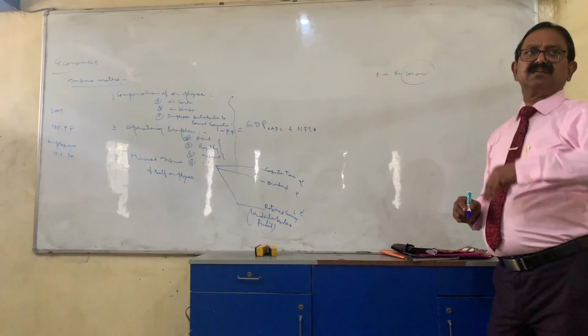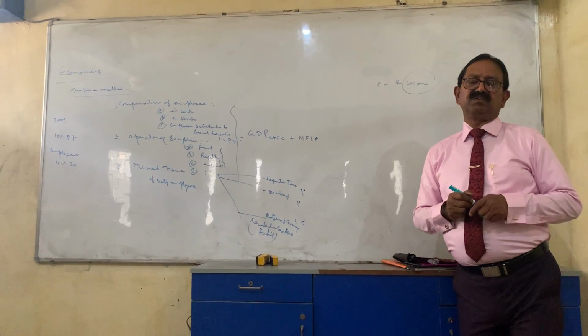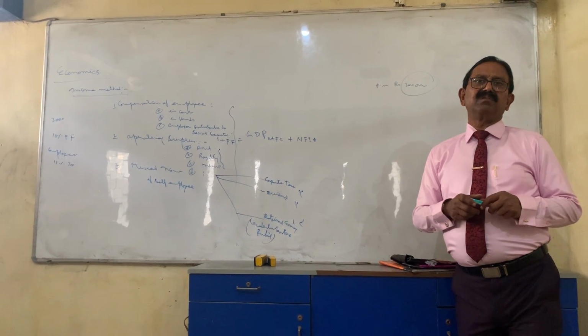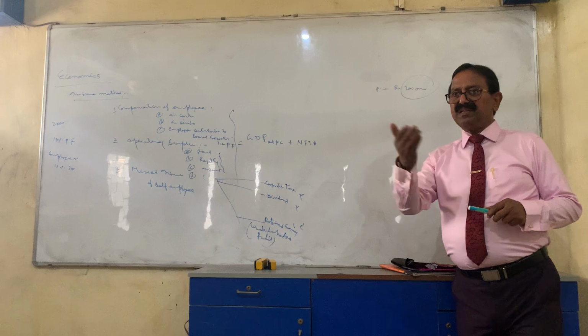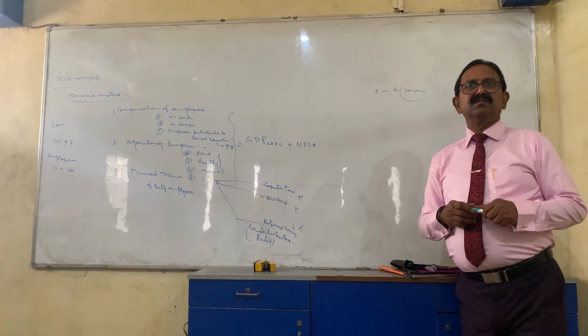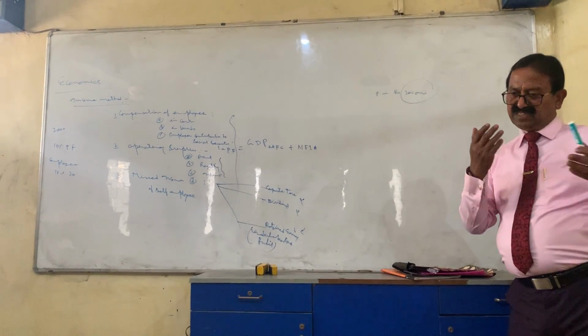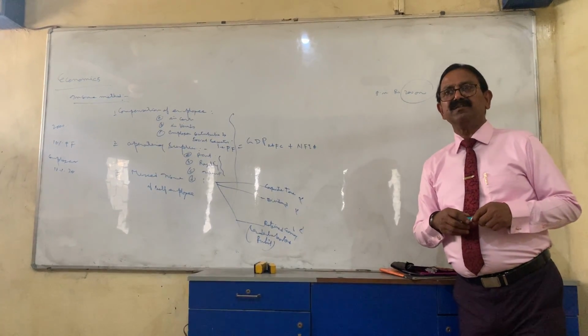Your father is sitting there, he is preparing the accounts also, there is no accountant, daily accounts. He is also attending to the customers. Suppose there is no receptionist, he is working as a receptionist also.